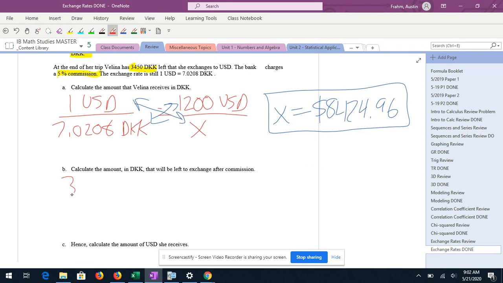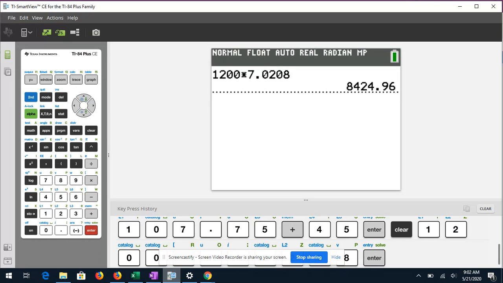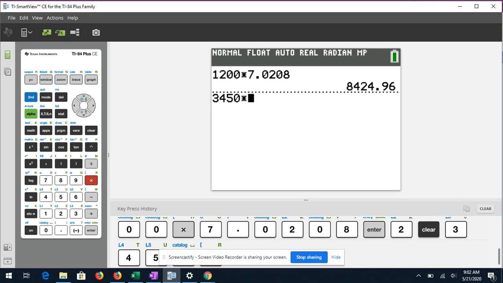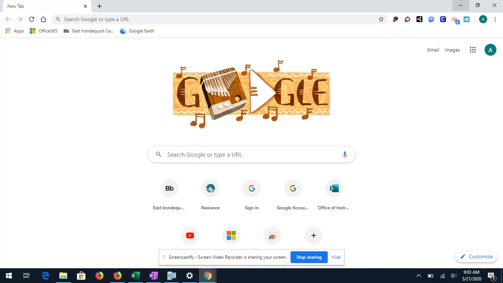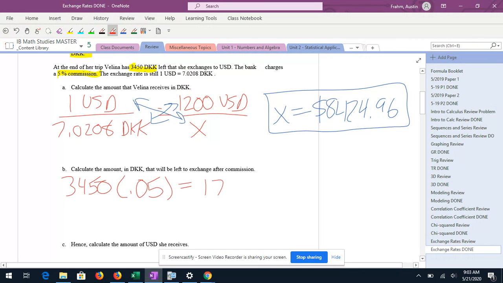So we can take that amount and multiply it by 0.05 to figure out that 5%. So 172.5 DKK is going to be removed, so we need to subtract that to figure out how much is left to exchange.